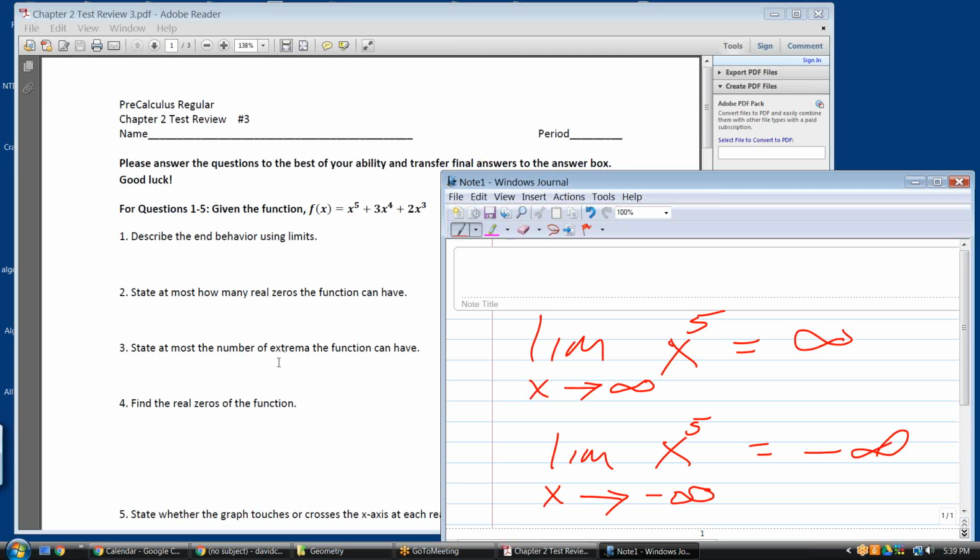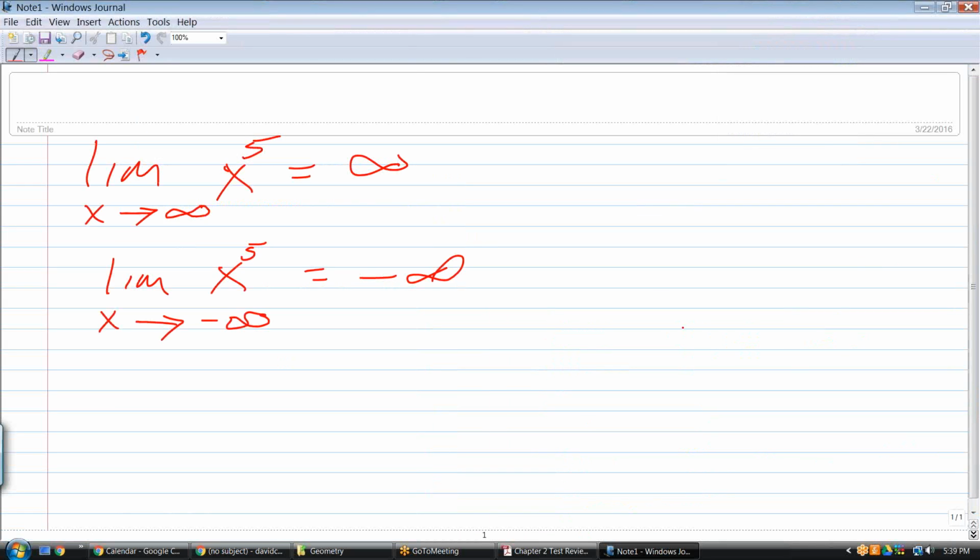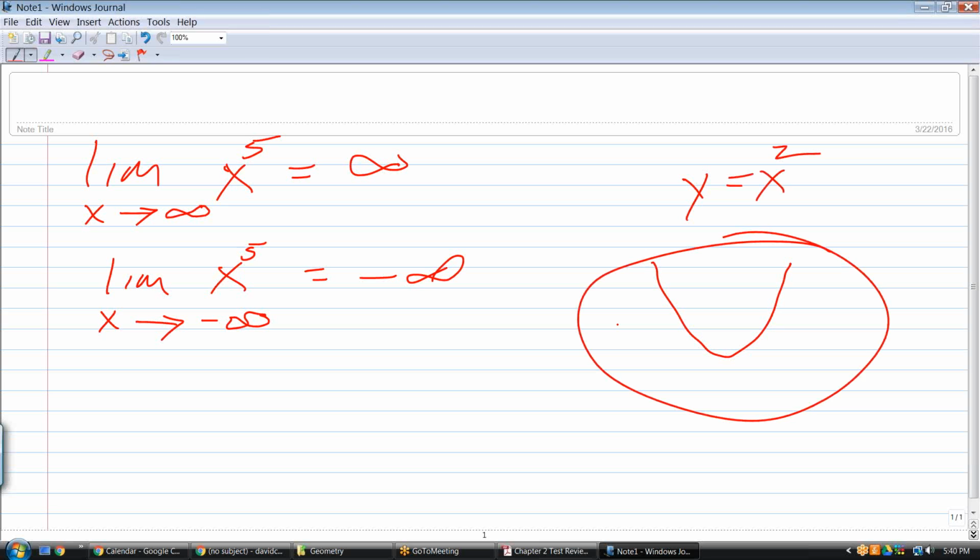How about extrema? How many extrema can we have? 4. Yeah, and if you ever forget that, a good little test is, well, let's look at y equals x squared. How many extrema does this have? 1. Right.